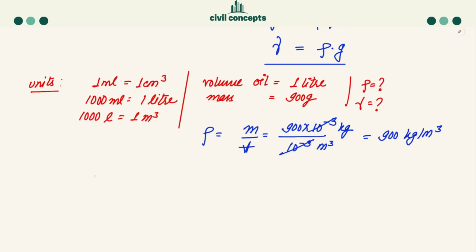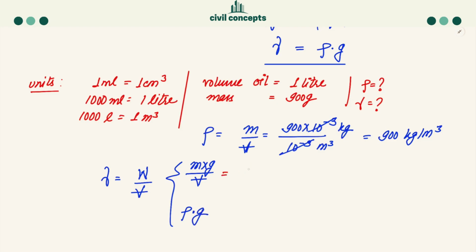Now you're also interested to find the unit weight. To find the unit weight, you know that gamma is equal to weight upon volume. Now there are two approaches. Either you can go with the formula of weight and write mass into gravity upon total volume, or you can go with the formula which we have created, that gamma is equal to rho into g. I would be solving it from both the forms.